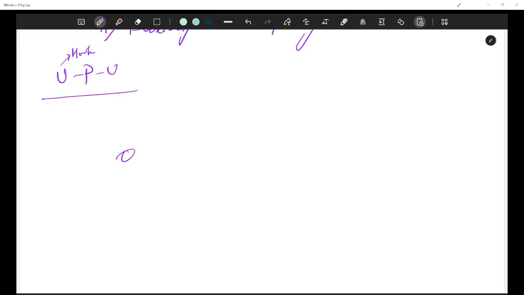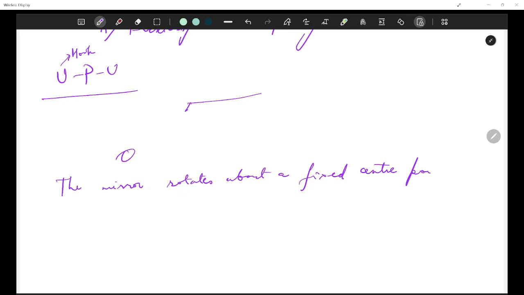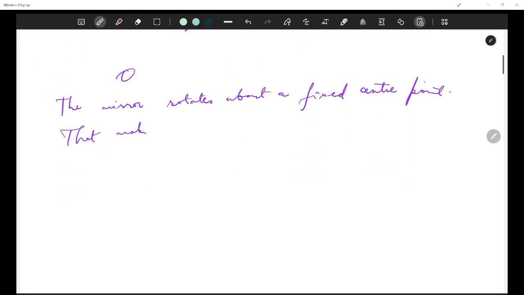So UPU behaves like a spherical wrist. That makes the orientation cleaner. We will not go into much detail, but the main point is that the mirror rotates about a fixed center point.